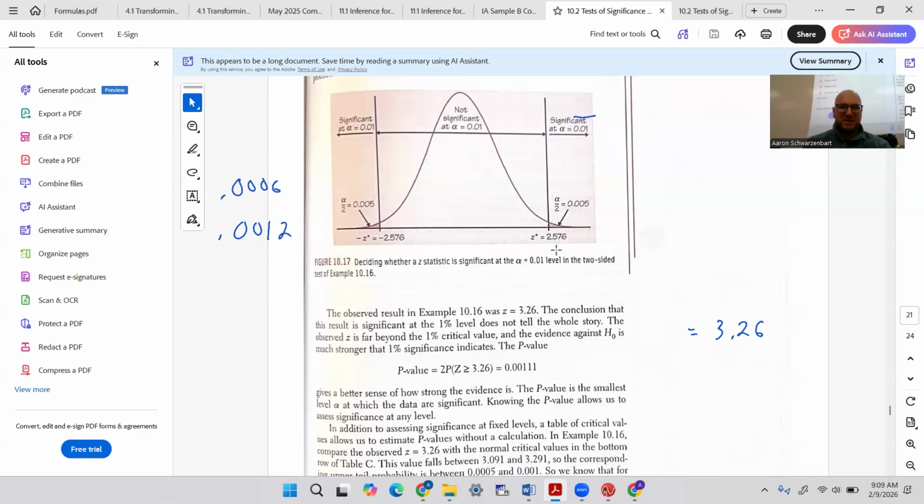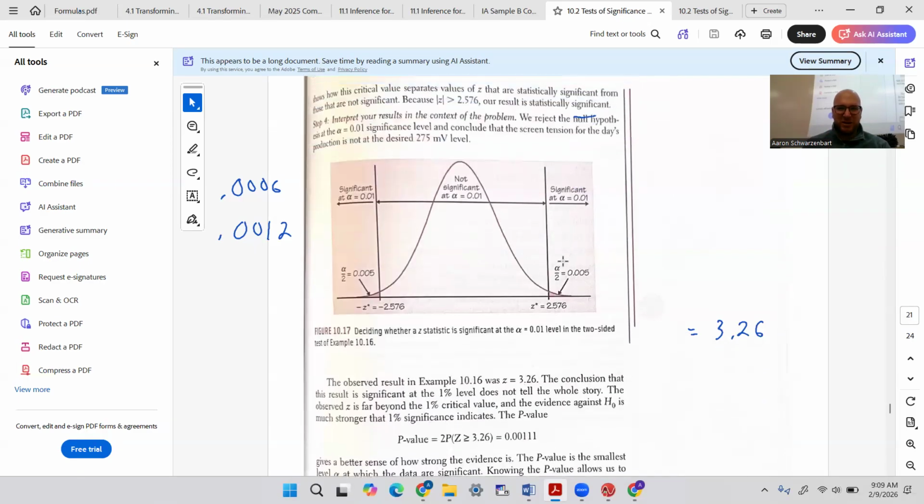So since we calculated 3.26, that's going to be outside of this 2.576. Which means, yeah, it's reject. Throw these out.